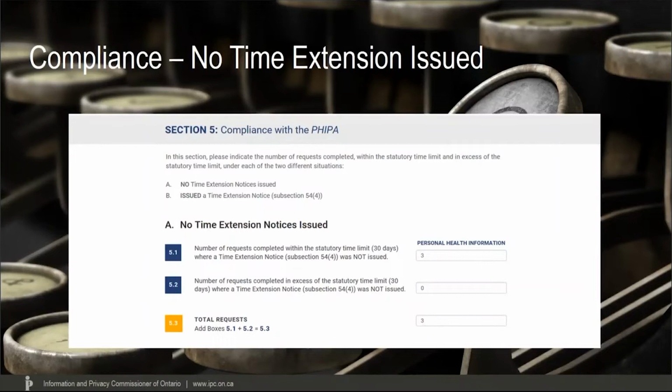Part A within Section 5: how many requests did you complete within 30 days without a notice of extension? And then also add to that, how many requests did you complete beyond 30 days without a notice of extension? So Part A is focusing on completed requests where no time extension notice was issued.